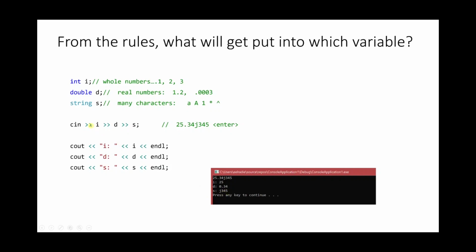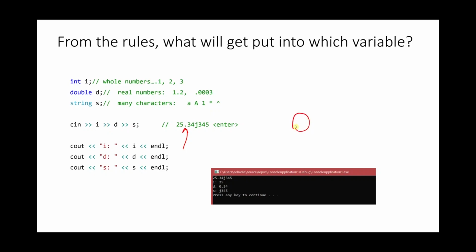Let's break down this input. Now this input is having the 25 in the I, and we are still receiving, but wait a second, we have the dot, which is going to corrupt the input of I. So we continue with the second one. Now we started to put things into D. Now D is double, and you know with the double it's allowed to enter the dot.